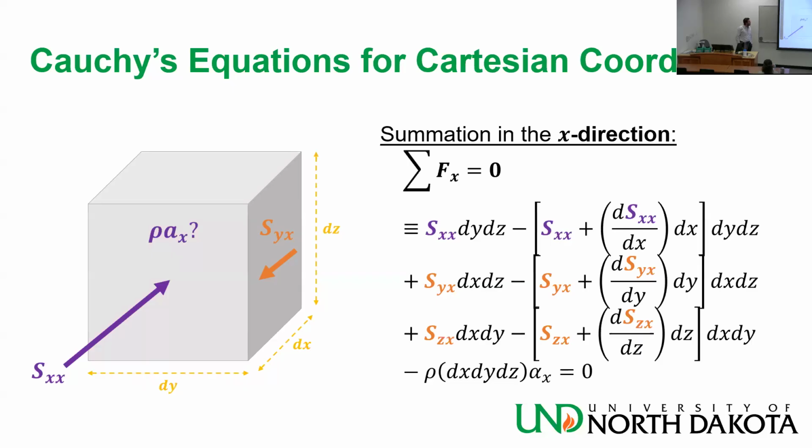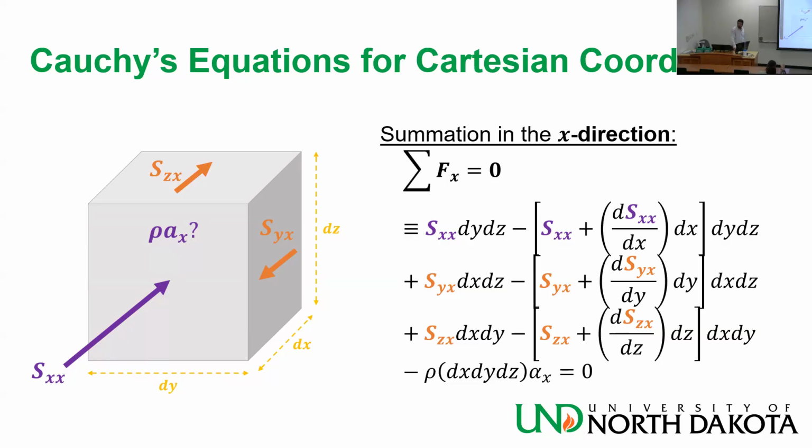Because if SYX is perpendicular to dy, then SZX should be perpendicular to ZZ, right? No, you want your SXY, SYX to be SXY basically, and you want ZX to be SXZ. I think SZX should be this.